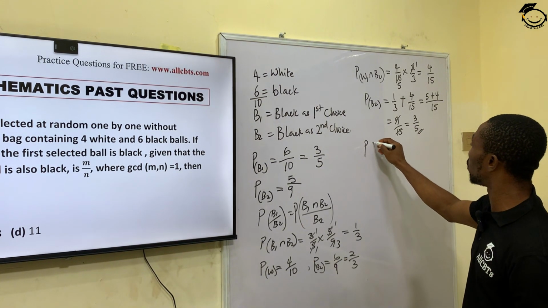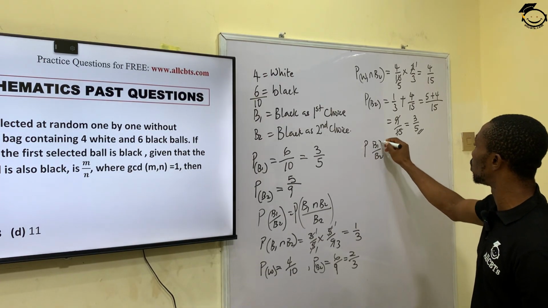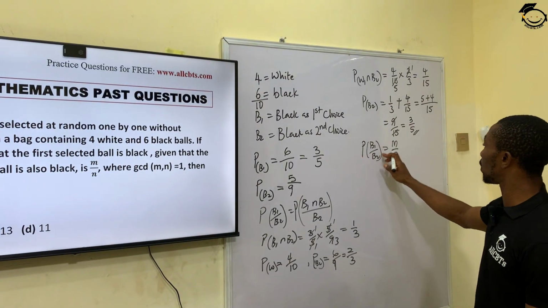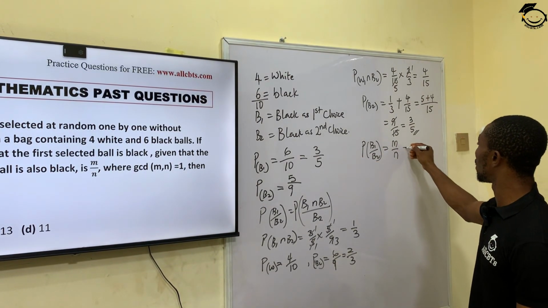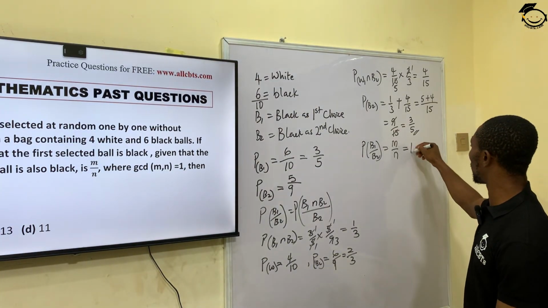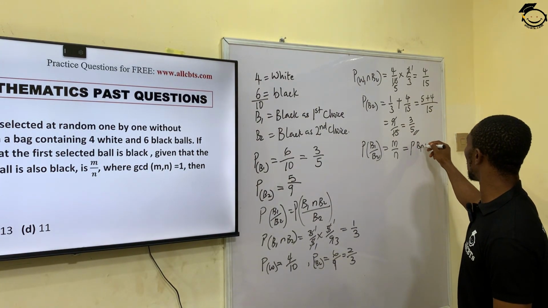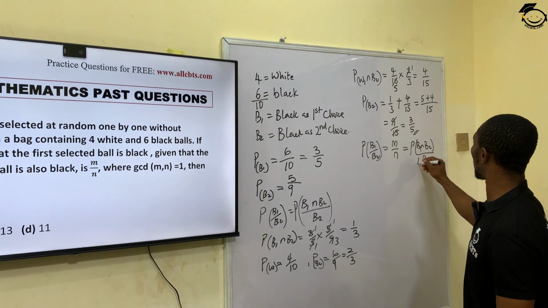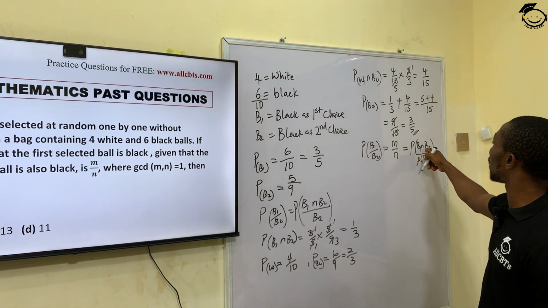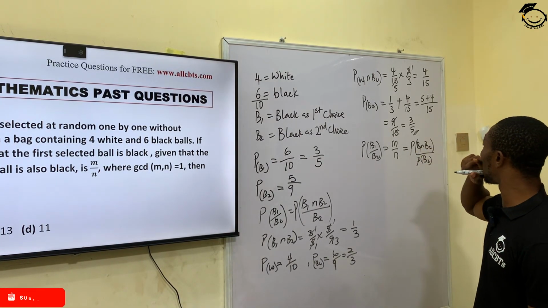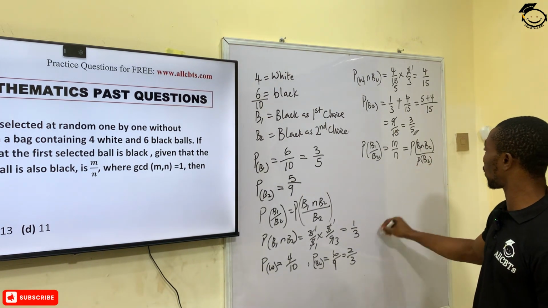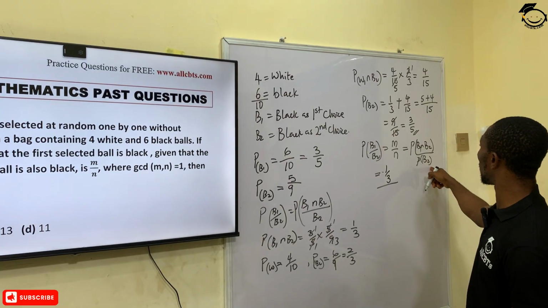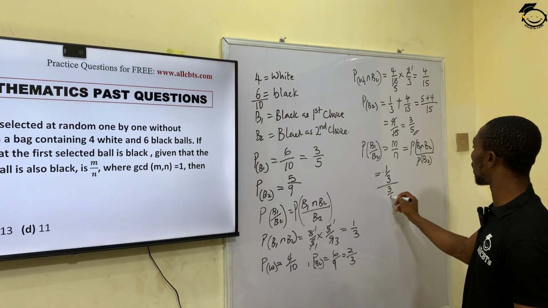Now, probability of B1 given B2 equals m over n, and it also equals our probability of B1 intersection B2 all over probability of B2. Now, our probability of B1 intersection B2 is 1 over 3, all over probability of B2, which is 3 over 5.